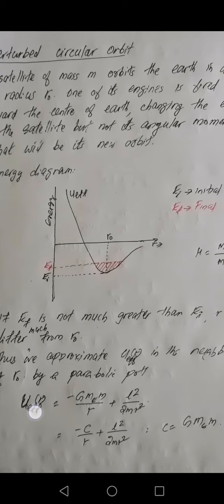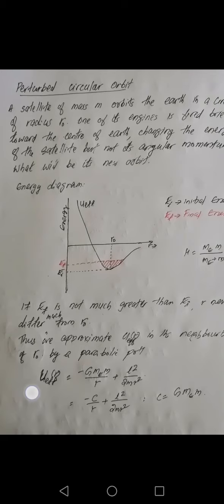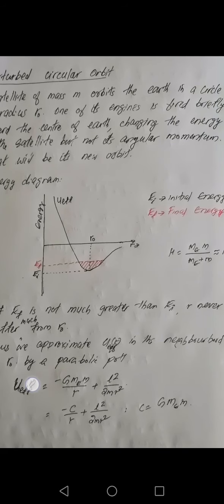That means EF, the final energy, is not much greater than EI. And for the new radius, it is a bound system now, so there will be oscillation. In a bound system there will be oscillation, and it will possess a simple harmonic motion with some frequency.